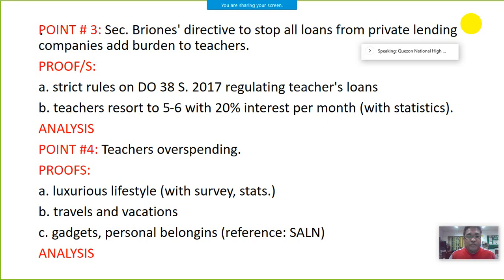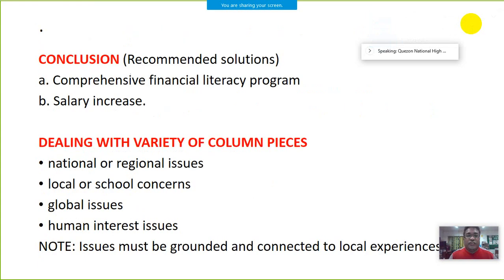Then point number 4, teachers overspending. What are the proofs? Luxurious lifestyle, travels and vacations, purchase of gadgets, personal belongings. Then analysis. Then the concluding part suggests a comprehensive financial literacy program or a salary increase.